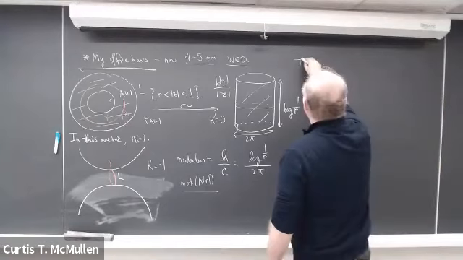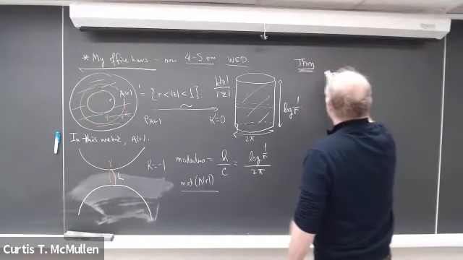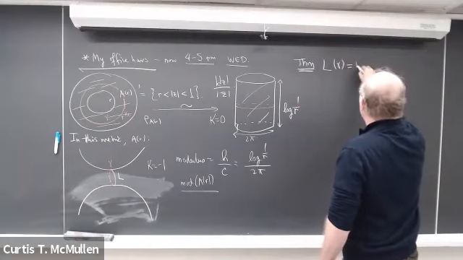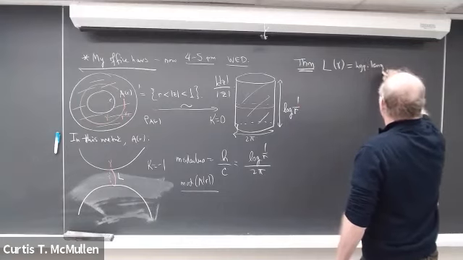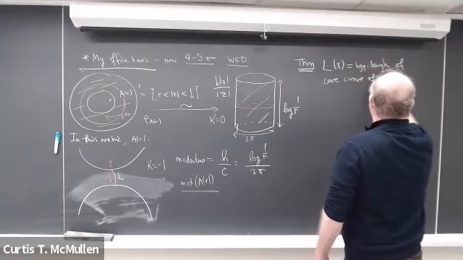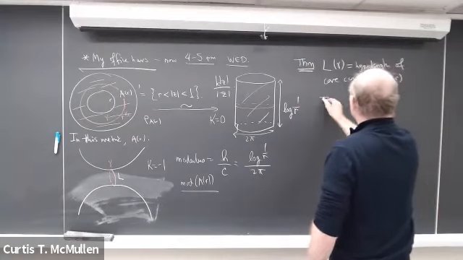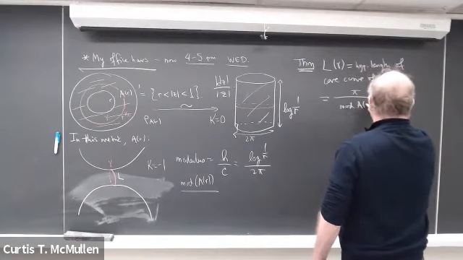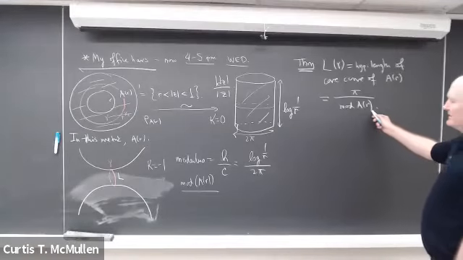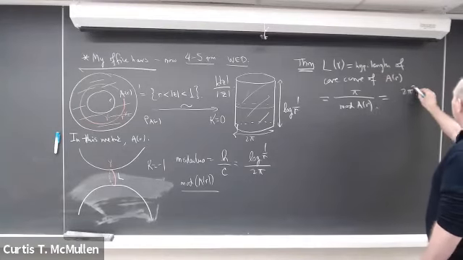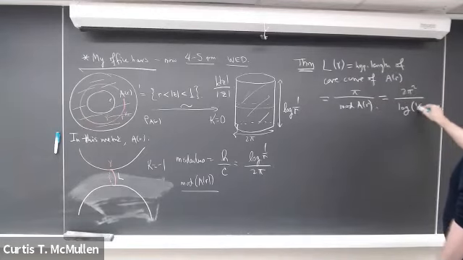And so the theorem that relates the two is conveniently phrased like this: L of gamma, the hyperbolic length of the core curve of A of r, is given by pi over the modulus of A of r. So if you like to re-express this in terms of r, you can use this expression, and then you'll get 2 pi squared over the logarithm of 1 over r.